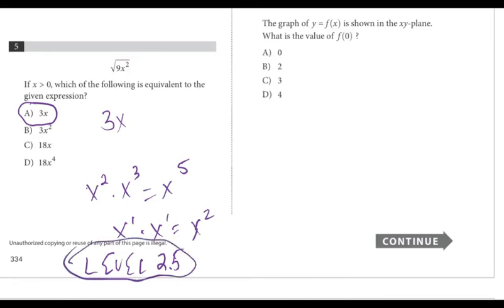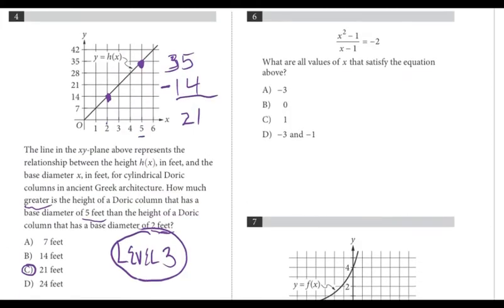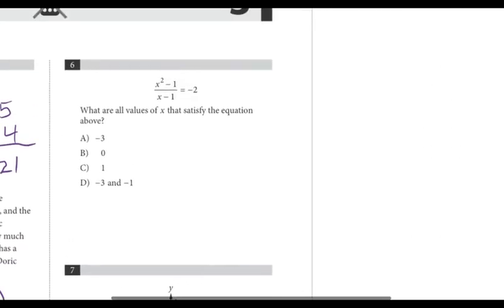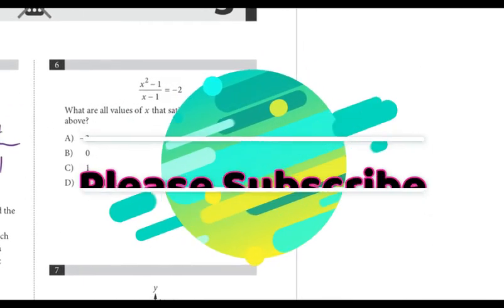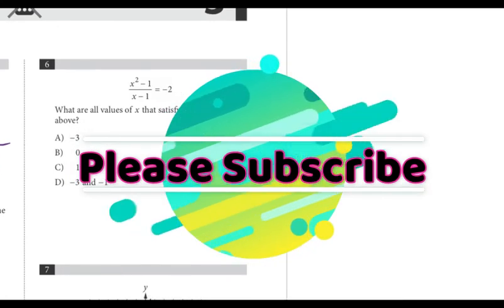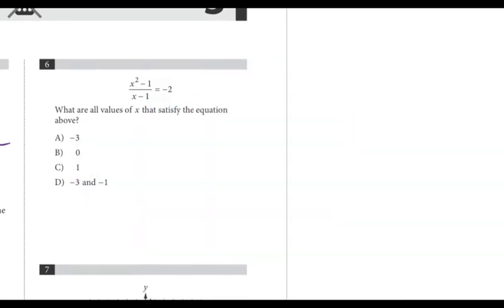Let's move on to number 6. In this question, you should have something trigger when you see this x squared. First of all, anytime you see an equal sign between two fractions, let's make this a fraction. That's a whole number, so let's put that over 1, and now it's a fraction.